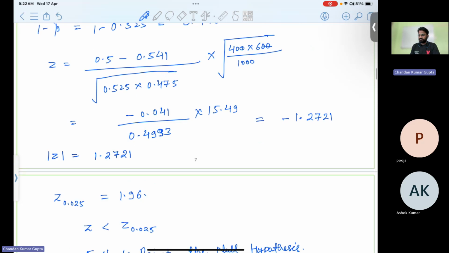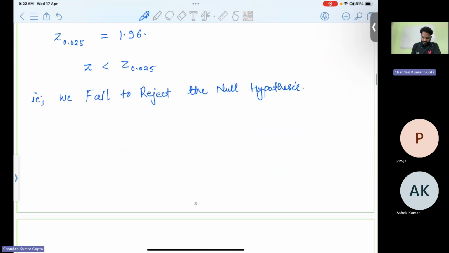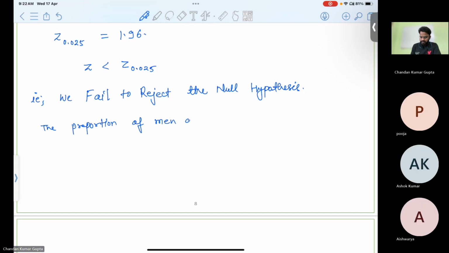So we say that the proportion of men and women do not differ. Okay, that means they both want the same, they are in favor of the flyover. Okay, so this is how we will discuss.